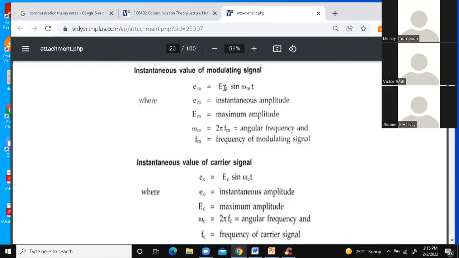So here is the instantaneous value of your modulated signal, or modulating signal, and here is the instantaneous value of your carrier signal.